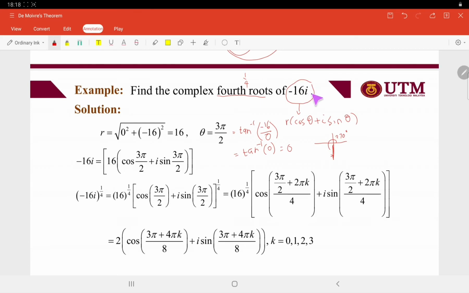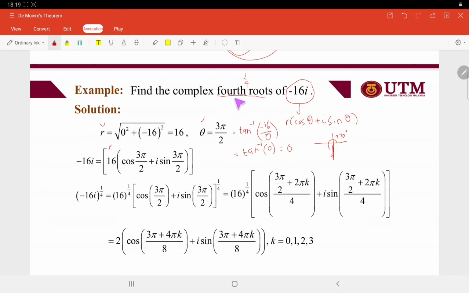Now for negative 16i, we already have the values of r and theta, so we can represent this complex number in polar form. Negative 16i is equal to r, which is 16, times cos theta, which is 3 pi over 2, plus i sin 3 pi over 2.